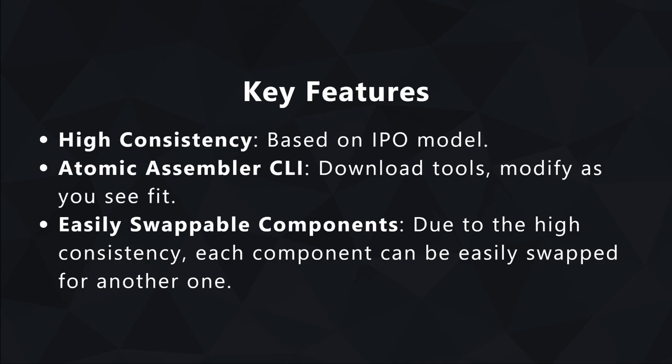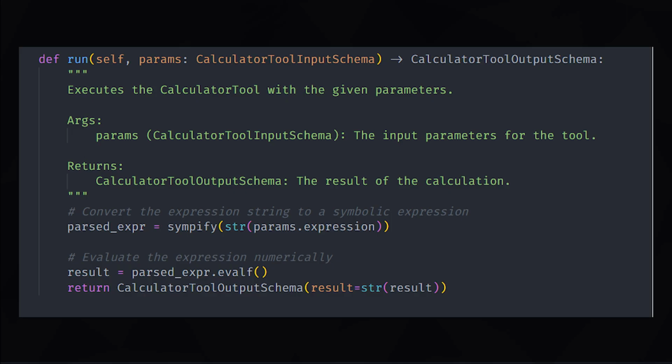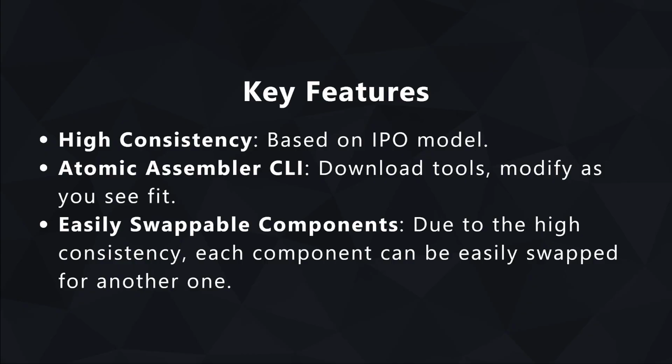of just an IPO model throughout, which means each agent has an input schema. Each agent has a way of processing that input schema and then giving you back an output in a very specific schema.